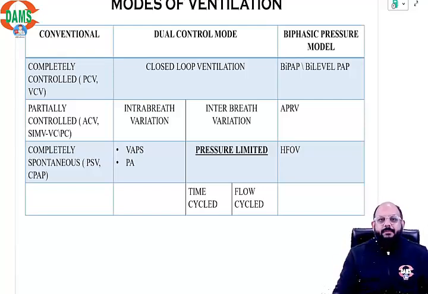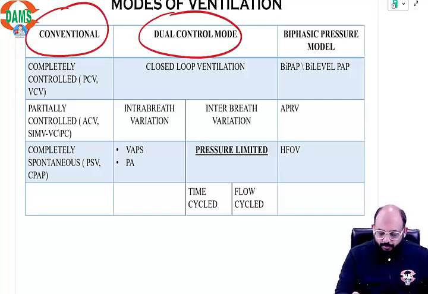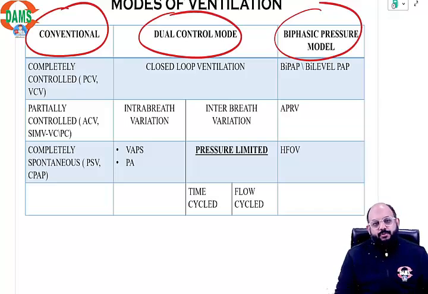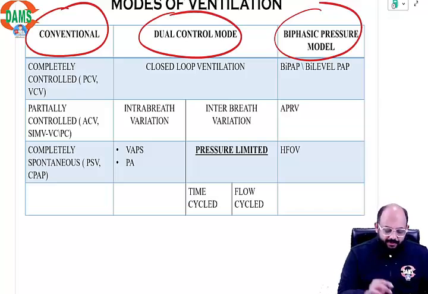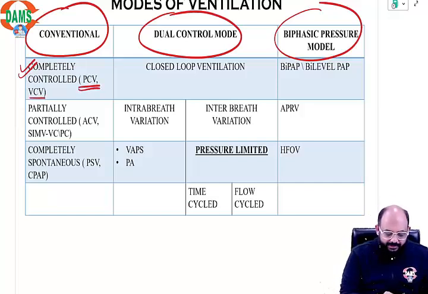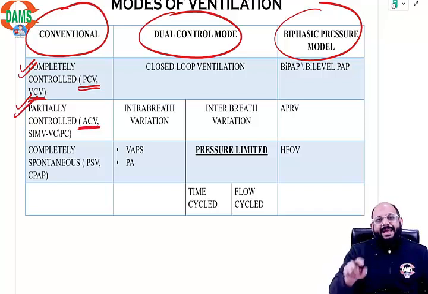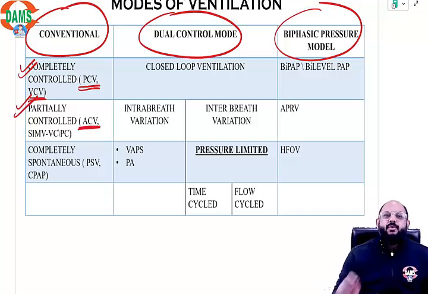So we divide modes of ventilation into conventional modes, dual control modes, and biphasic pressure modes. Conventional is what we have already discussed, that is completely controlled, that is pressure controlled ventilation, volume controlled ventilation. Then you have partially controlled, where you have assist controlled ventilation. I told you the difference between controlled mechanical ventilation, CMV, and assist control is the patient trigger.